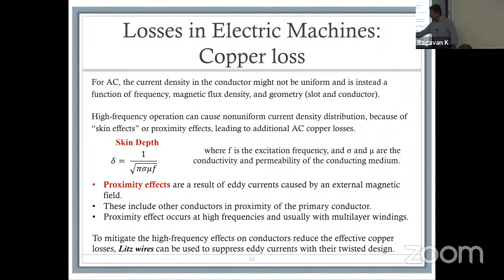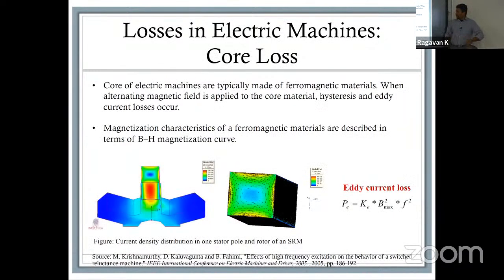So like I said, one thing that is very impactful these days is the use of Litz wire. Litz wire is copper with an enamel coating. It's still copper wire, but with a different reasoning for use, and it's specifically used to suppress eddy currents because it also has a twisted connection.